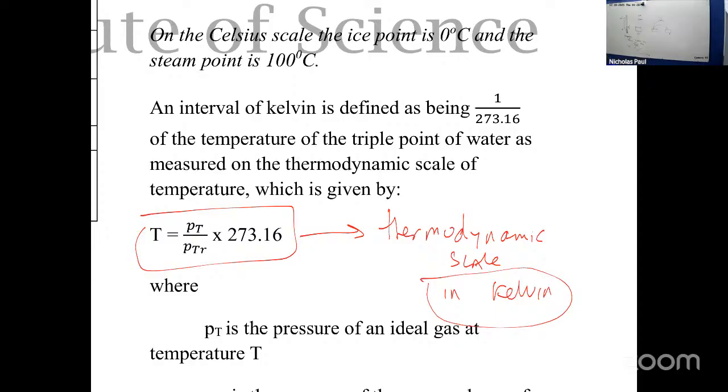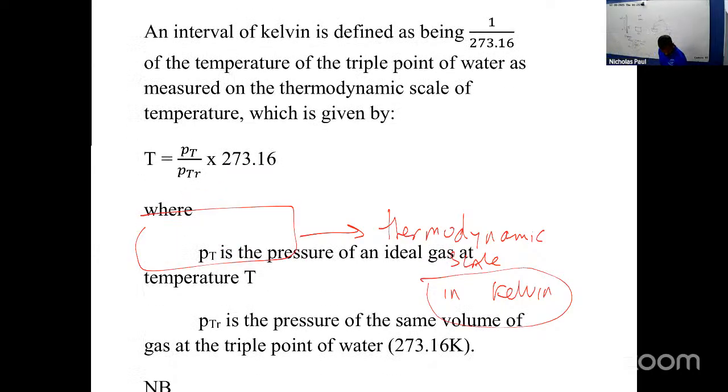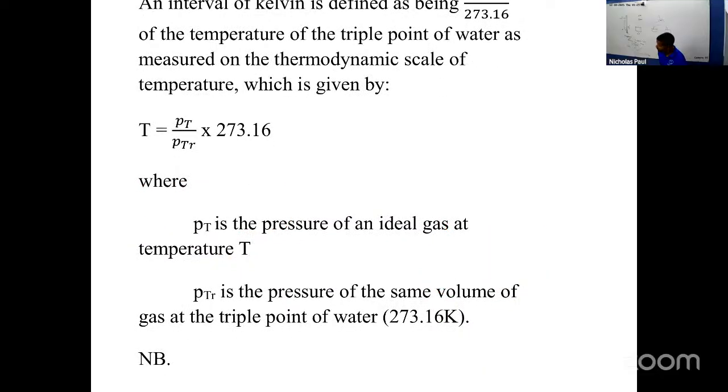That's it. It's not like a pressure thermometer you use. You read out pressure at the unknown temperature, and then you read out pressure at the triple point. So you're just reading up pressure values. That's all.